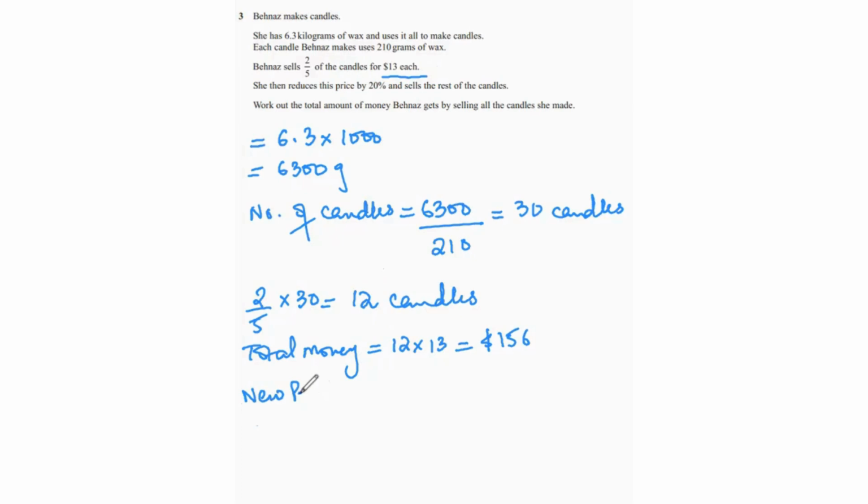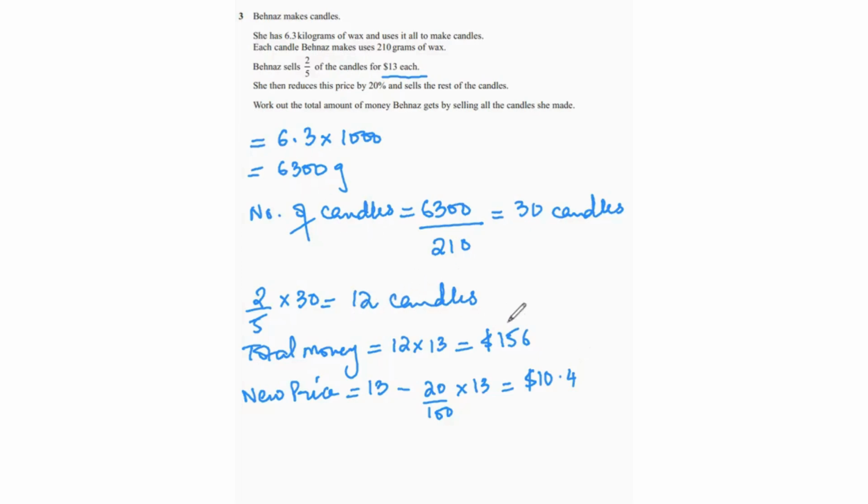New price is going to be 13 minus 20% of 13. So 20% of 13 is 2.6 and we subtract that from 13. That gives us $10.4. So $10.4 is the price that she's going to use to sell the remaining candles.